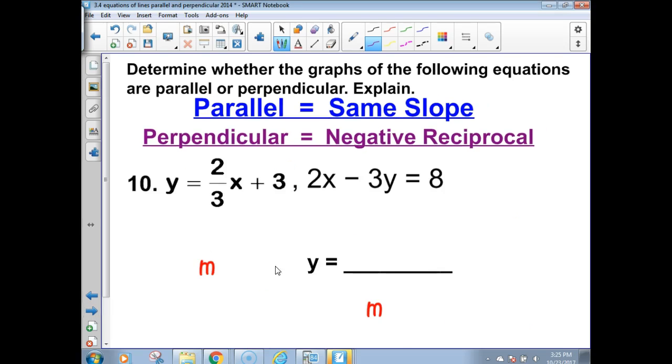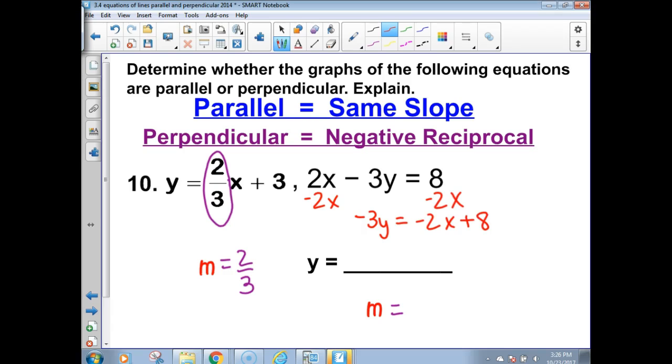Okay, number 10. We can tell the slope of the first line. But we got to get the other one into y equals form to tell the slope of the second line. So we got to subtract 2x. We get -3 times y equals -2/3 x plus 8.